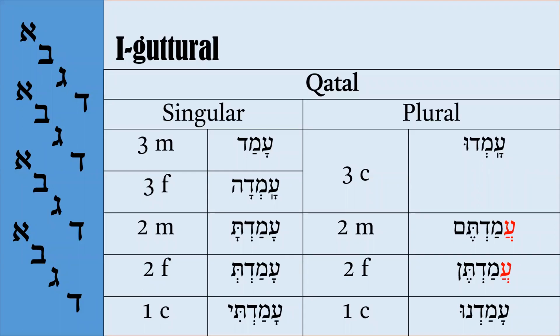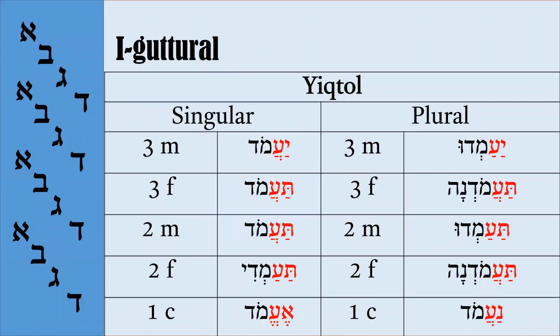But if you go to the yiktol conjugation, you will see that there are more changes, because in almost all of the yiktol conjugation, you will have sheva under the first consonant. Yiktol, tiktol, tikteli, and so on and so forth. So is it clear?